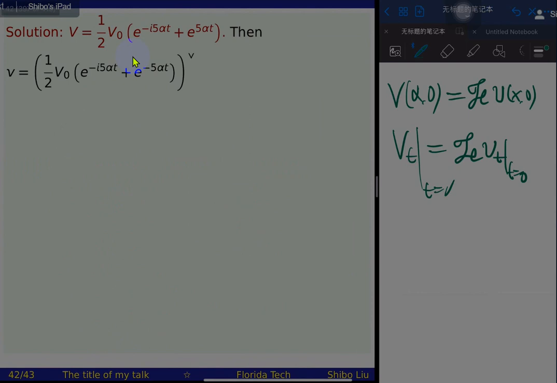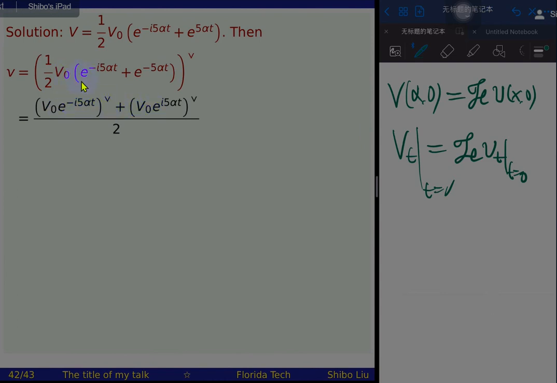Then our small v is the Fourier inverse transform of this capital V. Now using the linear property of Fourier inverse transform, this can be written as the average of the Fourier inverse transform of these two functions.